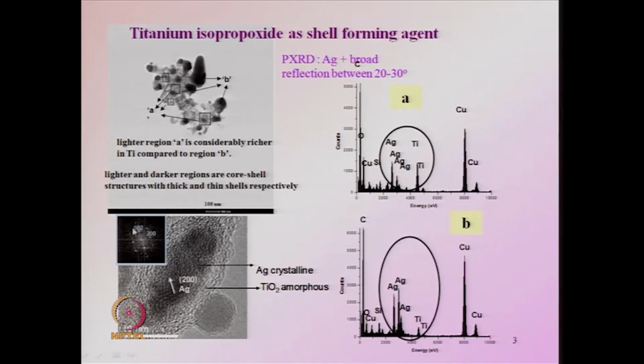You can also do electron diffraction from these particles and find out the reflections which correspond to silver. So, this shows you how to characterize a silver titania core shell structure, where silver is in the core and titania is in the shell.